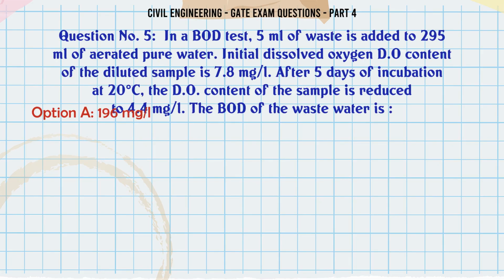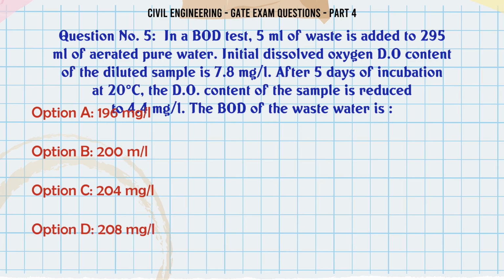In a BOD test, 5 ml of waste is added to 295 ml of aerated pure water. Initial dissolved oxygen DO content of the diluted sample is 7.8 mg/L. After 5 days of incubation at 20 C, the DO content of the sample is reduced to 4.4 mg/L.